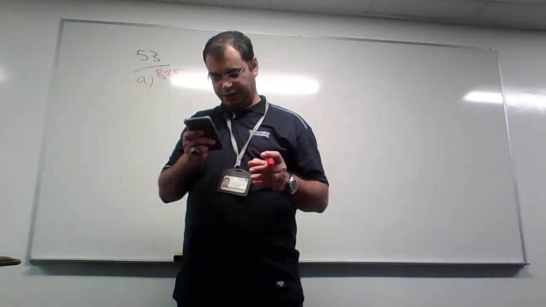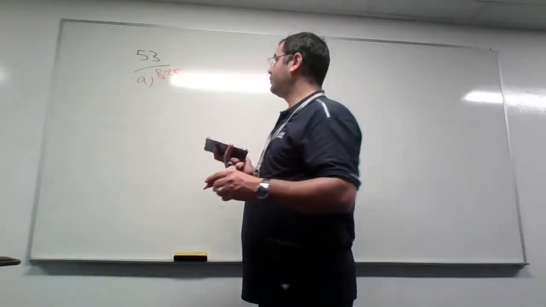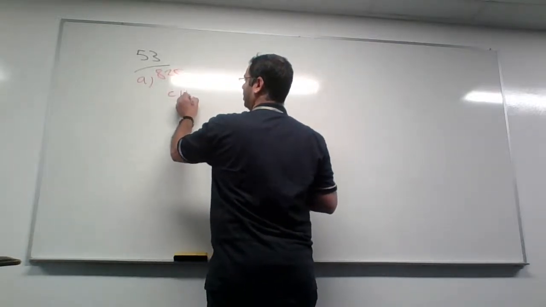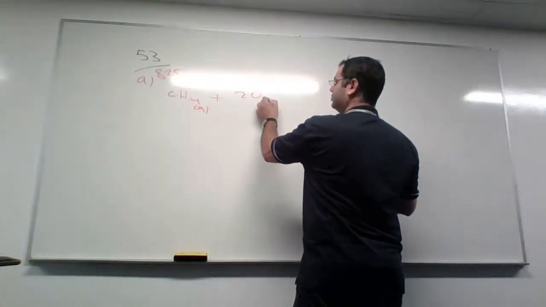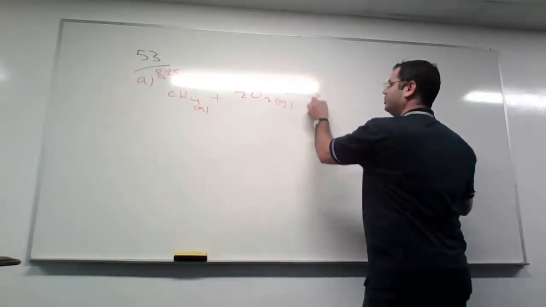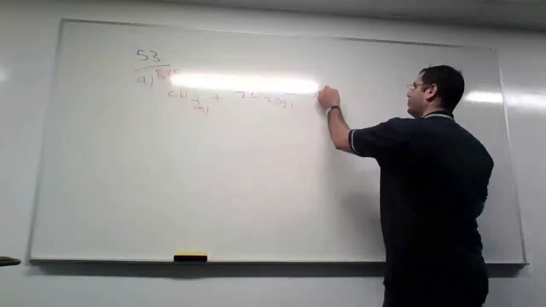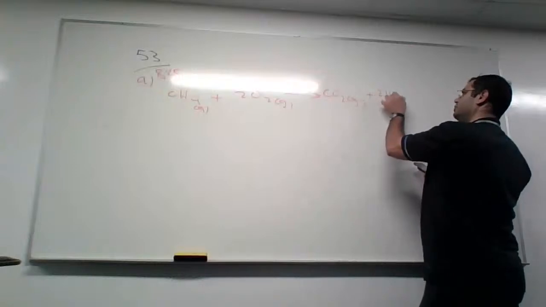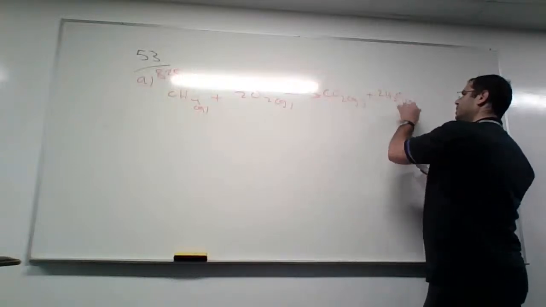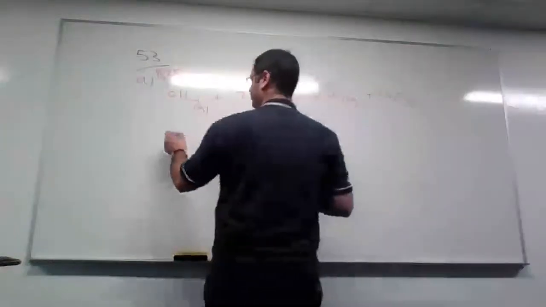Now we'll solve the exercise. Let's do this, I'll give you the data. So we are calculating for CH4 combustion reaction: CH4 plus 2O2 gas, producing what? CO2 gas plus 2H2O gas. Now, I'll give you all the values.